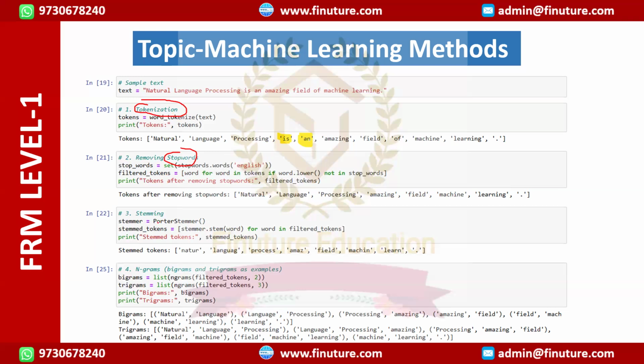And next one is stemming. As I said, you try to reduce the size of your words. There would be more words in your data which would be quite similar to natural, so that would be reduced. Say, nature, just as an example. If this data were larger, nature would be tagged to natural, and likewise, processing is tagged to process, amazing is tagged to amaze.